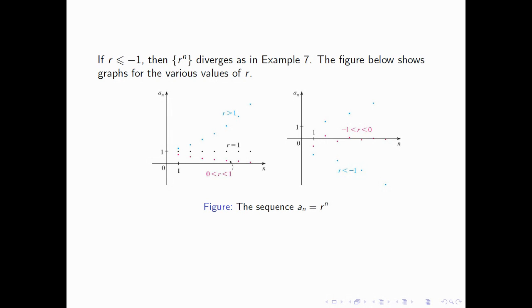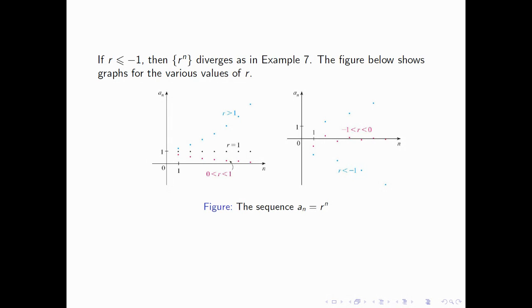When R is equal to 1, you get the black dots. All of those have value equal to 1 because 1 to the 1 is equal to 1 to the 2 is equal to 1 to the 3 and so on. It's always equal to 1. And when the value of R is in between 0 and 1, then the sequence converges to 0.